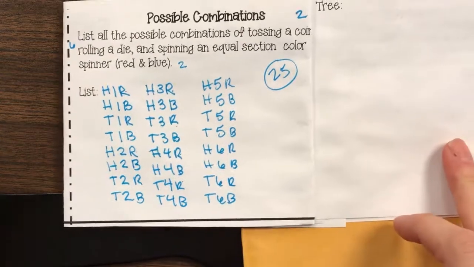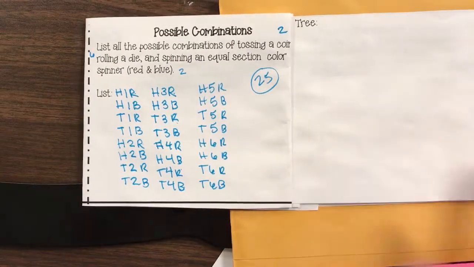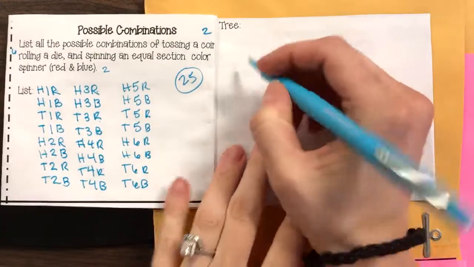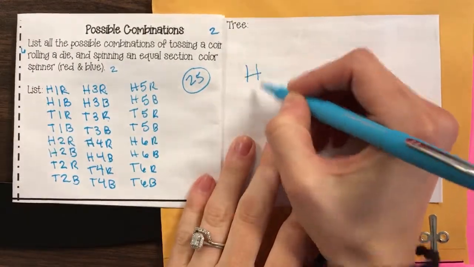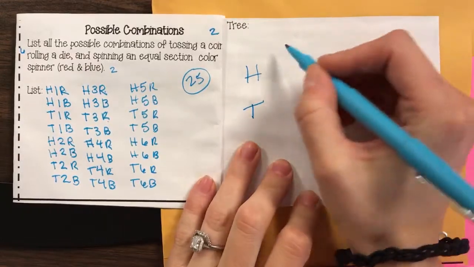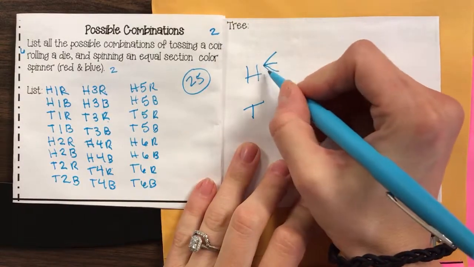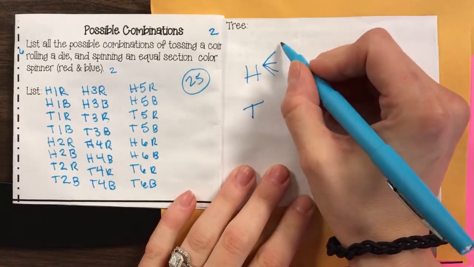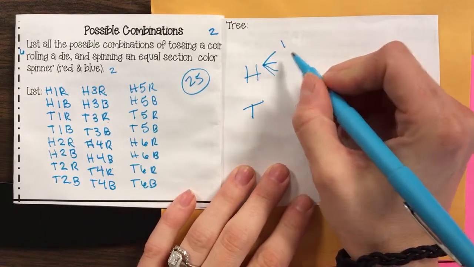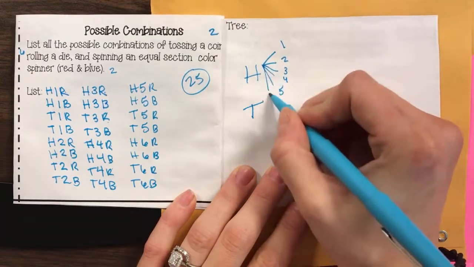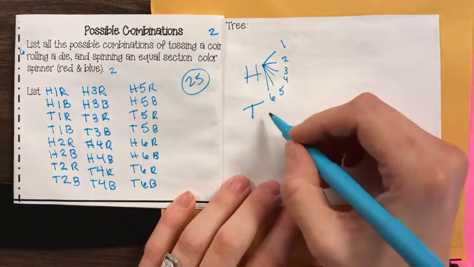Then if you look at the tree diagram of this, it would be pretty similar and you should end up with the same number of combinations. If we start with heads and tails, then if I land on heads, I've got 6 sides for the dice: 1, 2, 3, 4, 5, 6. Same thing with tails.